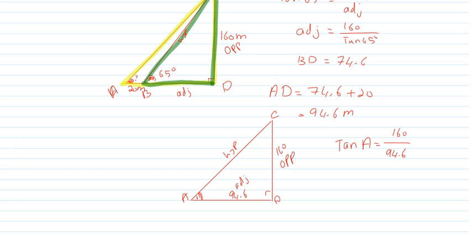Because I'm looking for the angle, what do I use? The inverse, that's right. So tan inverse of 160 over 94.6. And what would be your answer? 59 degrees.